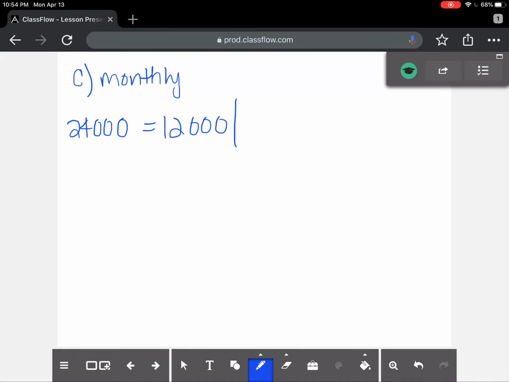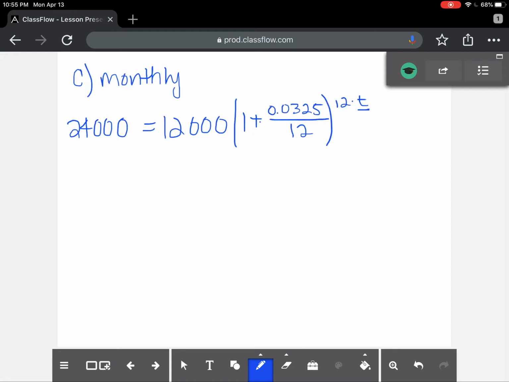And it's asking how long will it take, so we are looking for our time, T. So we have 1 plus 0.0325, that's our rate from number 1, over 12, because that's our compounding monthly, raised to the 12 times T power. Again, we are looking for T because now we're looking for how long it will take for the investment to double. How long? Time.